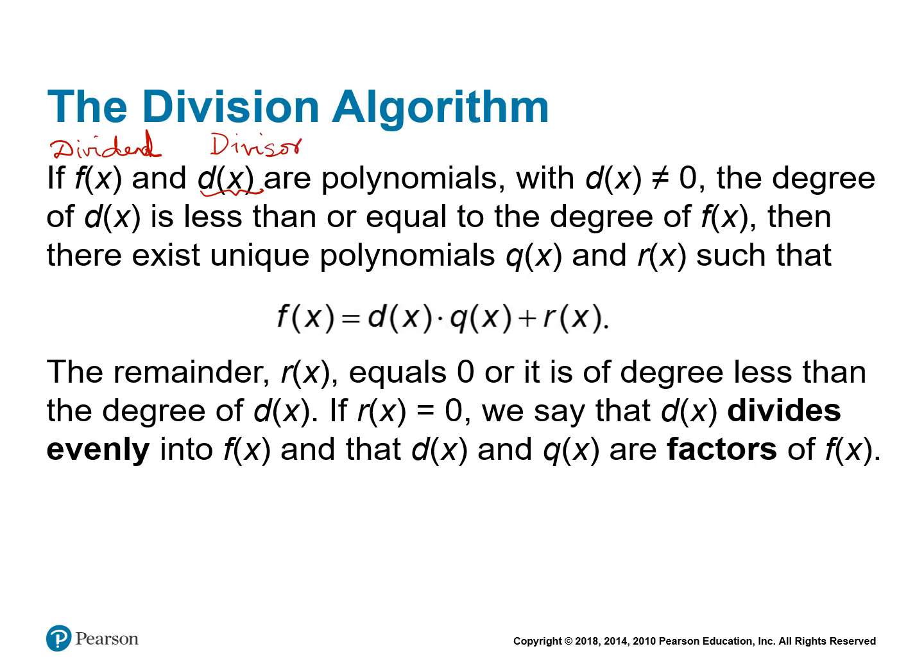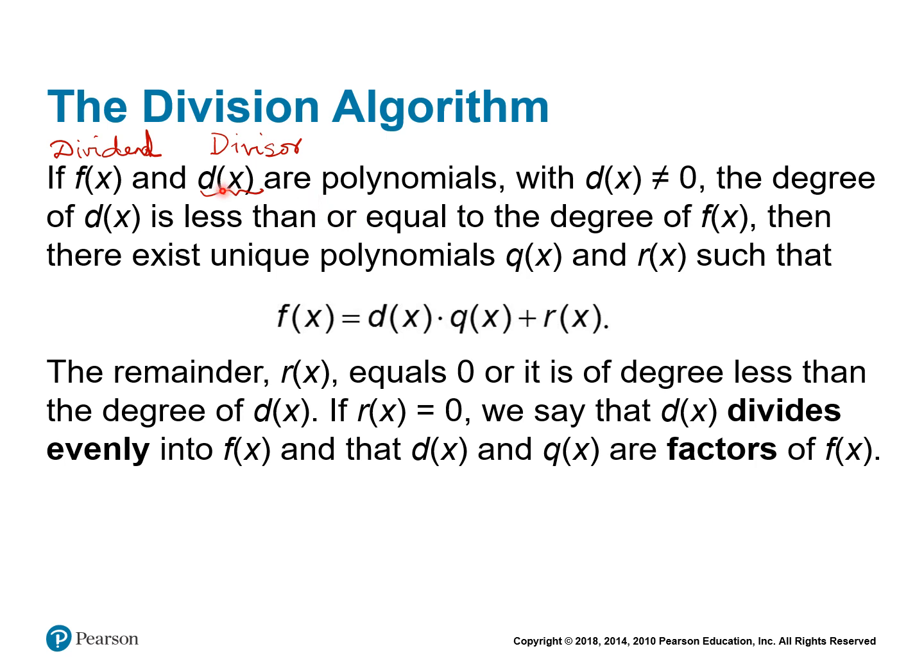So d of x is the divisor, f of x is the dividend, what is getting divided. Now, in order to be able to perform a division, the degree of the divisor should be less than or equal to the degree of the dividend. Degree meaning the exponent of the leading term in the polynomial.